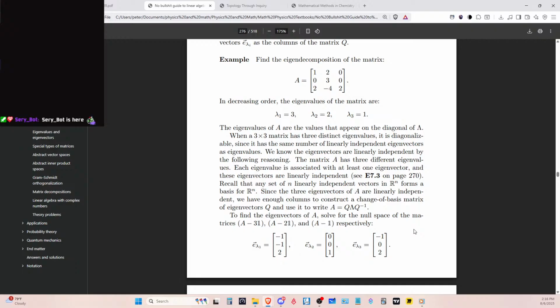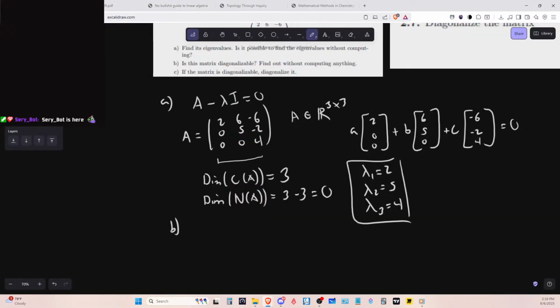Let's see, to find the eigenvectors of A, solve for the null space of the matrix. Now the thing of it is that the question told us to find out without computing anything.